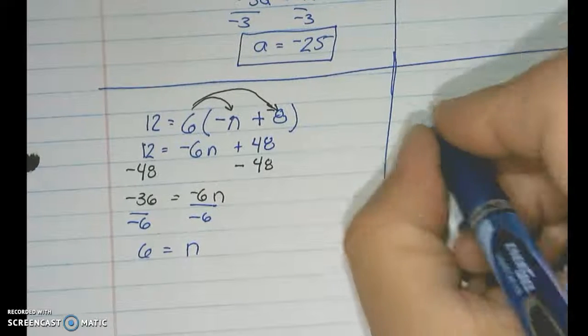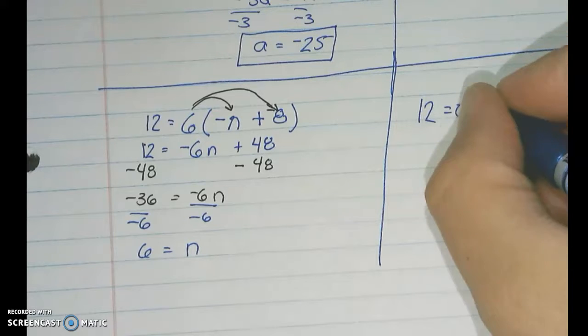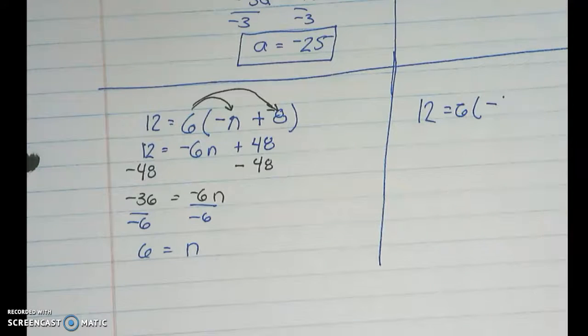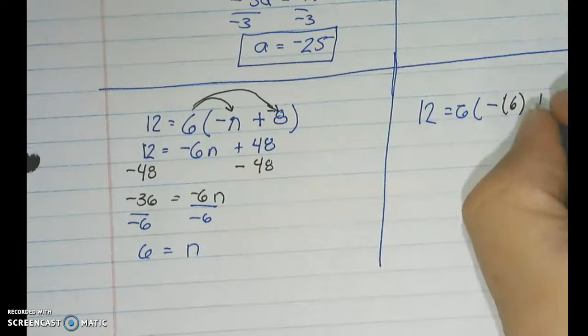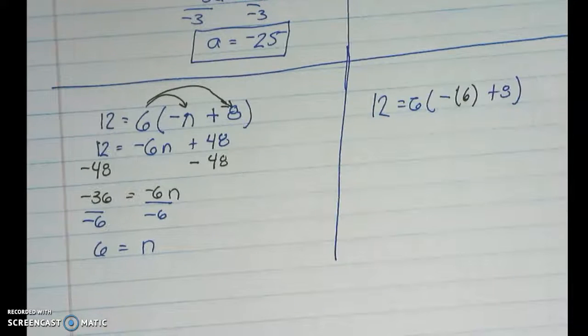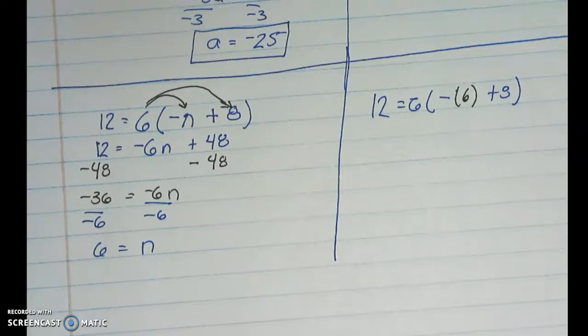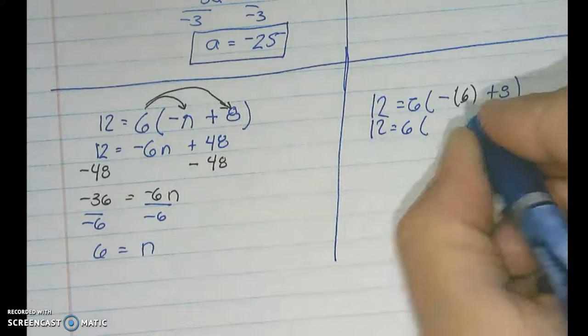Then if we do our check, okay? So I have 12 is equal to 6, and then what's negative 6 plus 8?